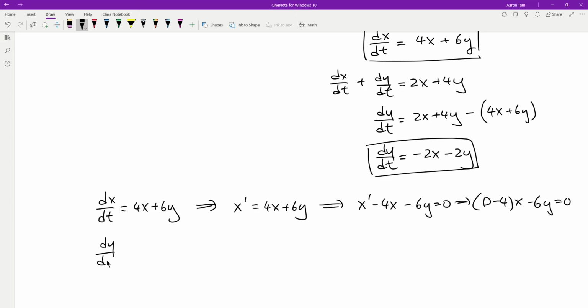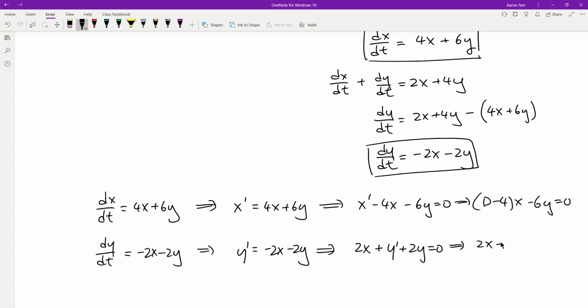My second equation, dy over dt equal to negative 2x minus 2y, becomes y prime equal to negative 2x minus 2y. If I move it over, they become 2x plus y prime plus 2y equal to 0. That means 2x plus (D plus 2) of y equal to 0. So that becomes my two equations.